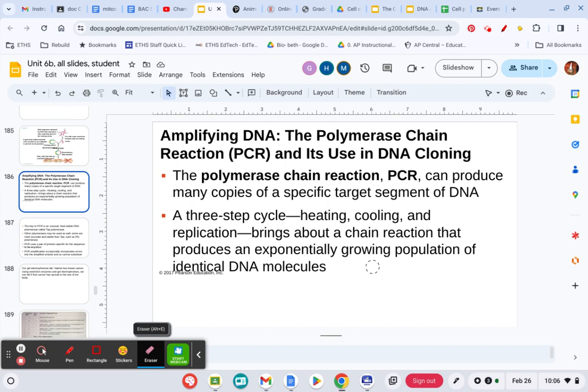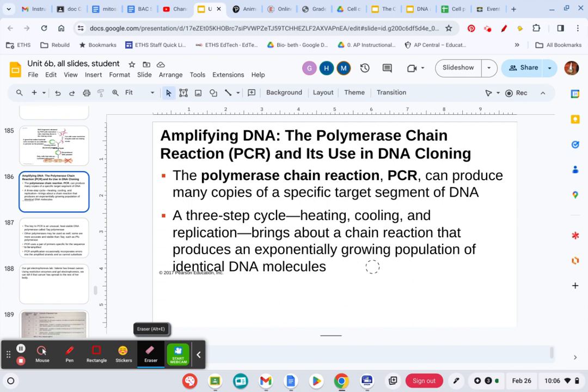It's kind of funny. So PCR stands for polymerase chain reaction, and its job is to make a lot of copies of a specific kind of DNA. And it's a 3-step process. You heat up the DNA, which basically opens it up and makes it single-stranded.